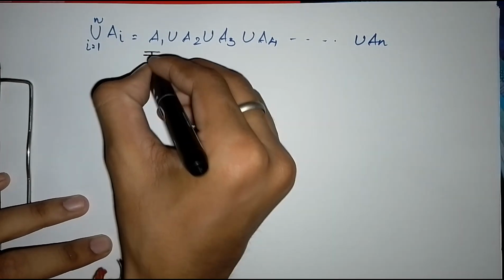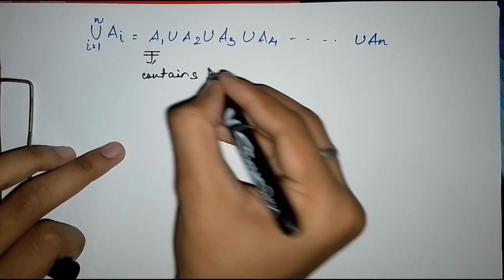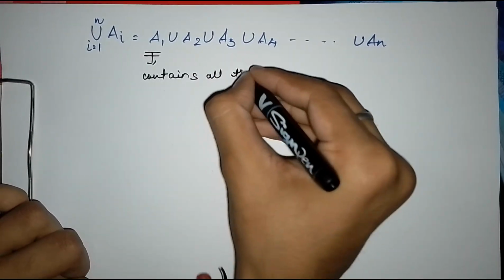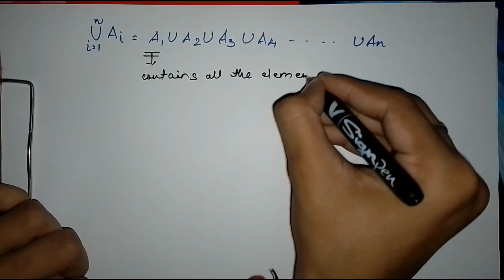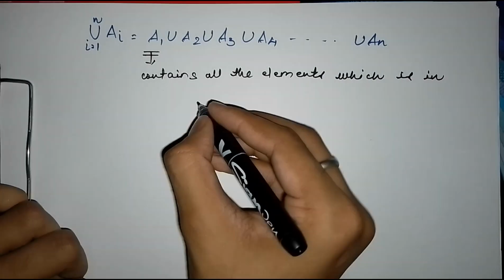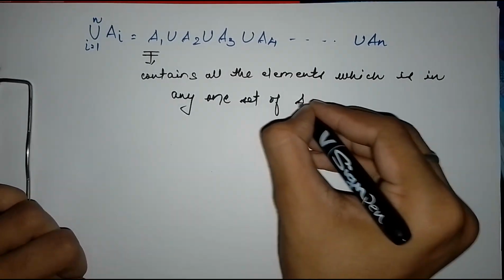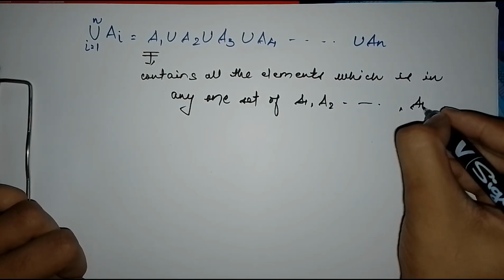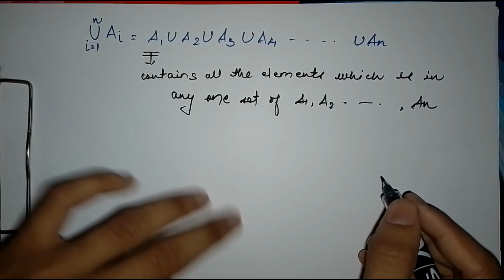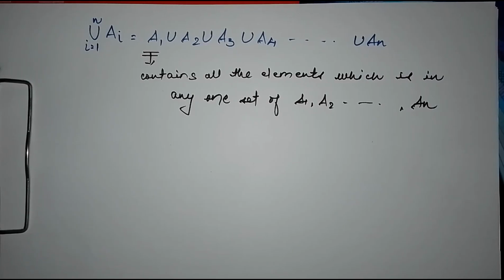This entire union would give us a set which contains all the elements which are in any one set of A1 to An. And if an element is in more than one set, we still take it, because as we saw in the last example, sets A and B had some common elements, but we took that element in the final set.